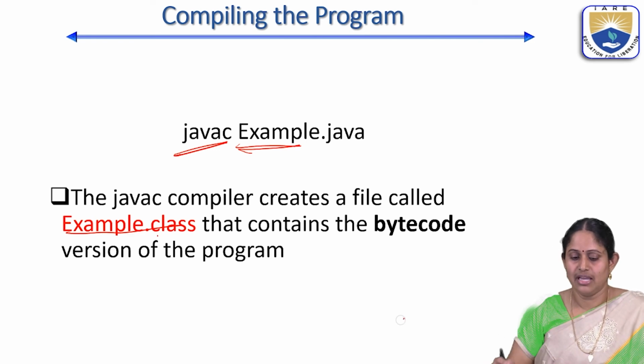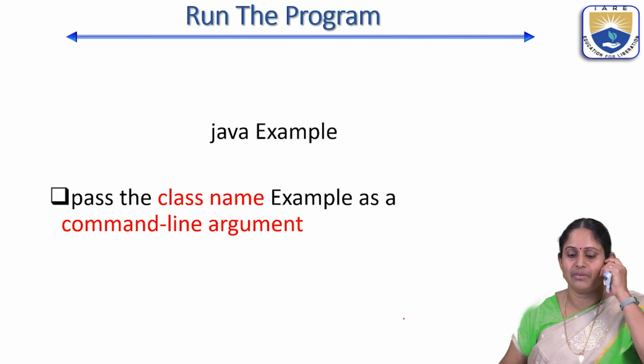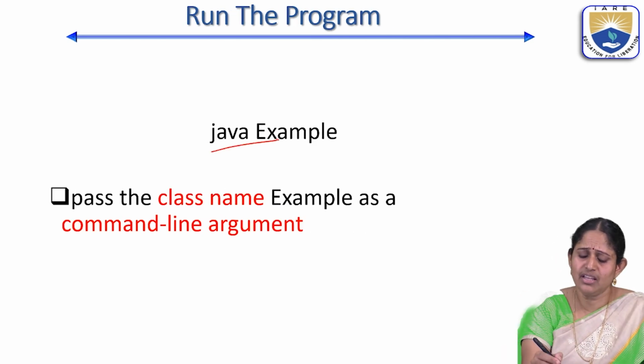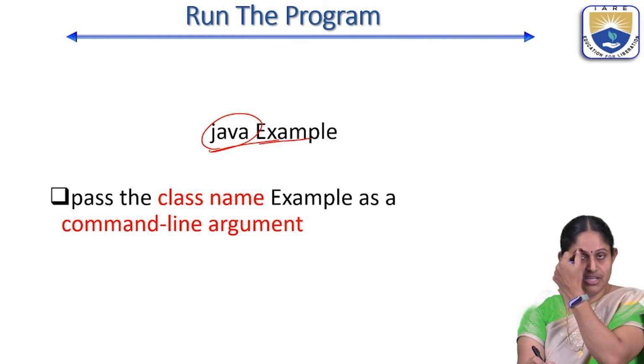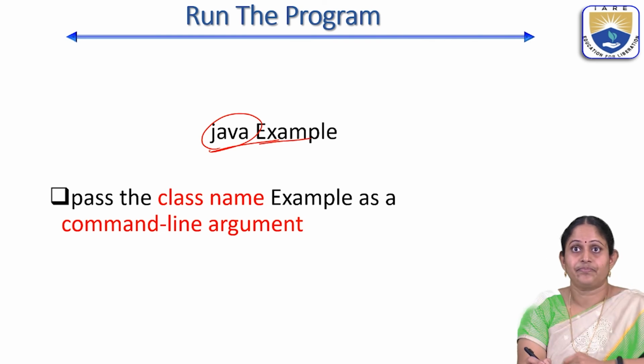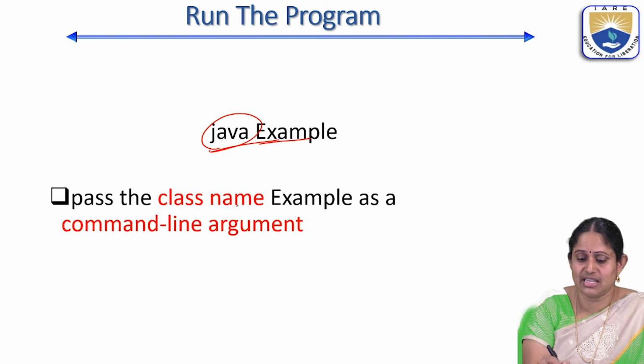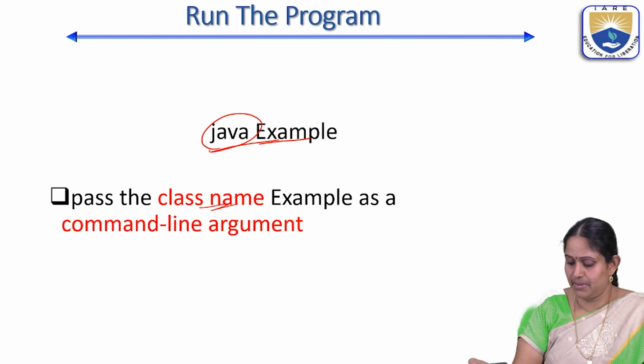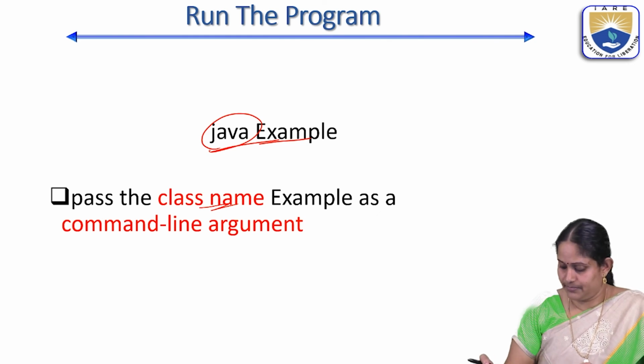When we want to run the program, the command used is java and the file name. It will pass this class name as a command line argument to the interpreter.